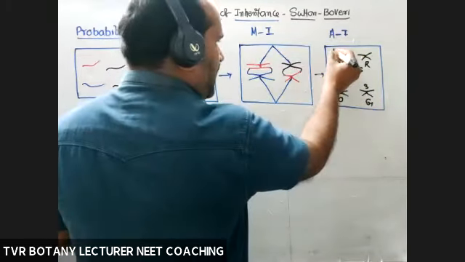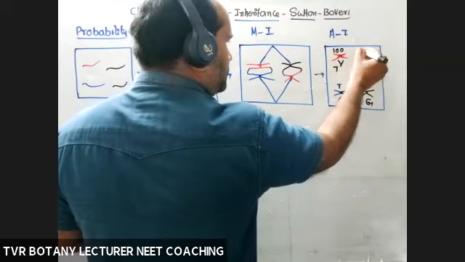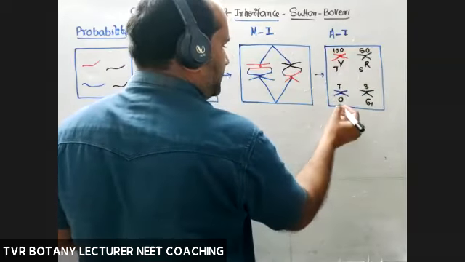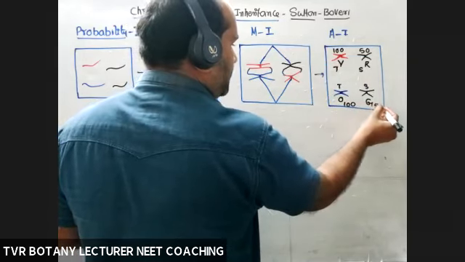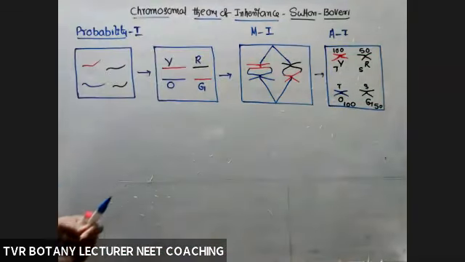So this one with 100 angstroms length, this one with 50 angstroms length. Here also take 100 angstroms for our understanding only. Okay, so 100 is pulled in the opposite direction, 50 is pulled in the opposite direction. Right? So 100 is separated from the other 100. 50 is separated from the other 50.